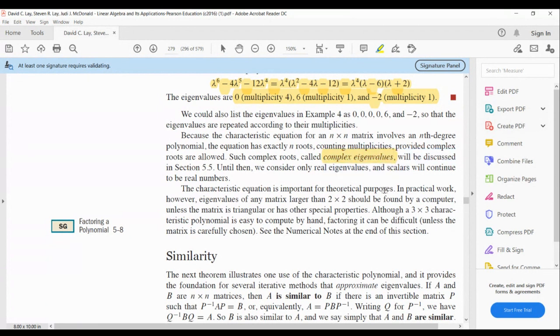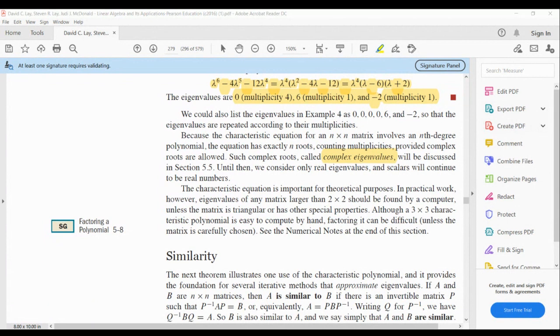That's going to be talked about in section 5.5, so we're going to get to complex eigenvalues in this coming Tuesday's class. What you're going to see in sections 5.2 and 5.3 is just real eigenvalues.